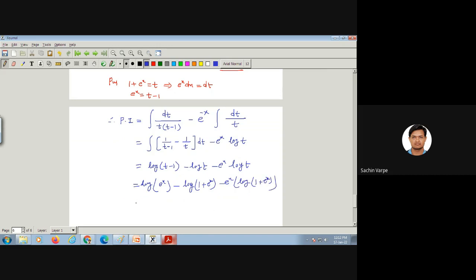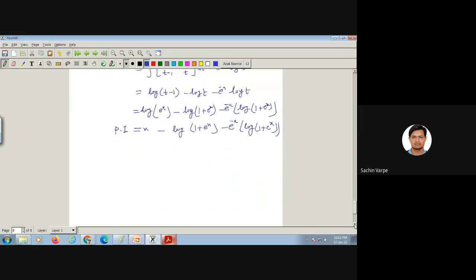So this is x minus log of 1 plus e raised to x, minus, this is minus, e raised to minus x log of 1 plus e raised to x, and this is your final particular integral. Clear to everyone? Everyone, please do reply.